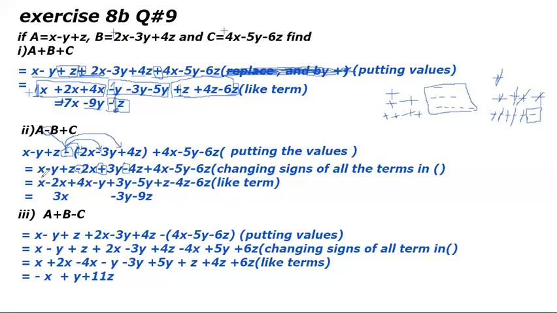Now x, negative 2x and positive 4x. These are the like terms. Now negative y, positive 3y and negative 5y. These y terms are the like terms. Now positive z, negative 4z and negative 6z.